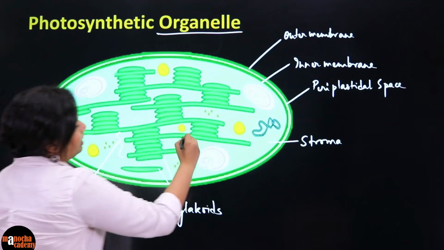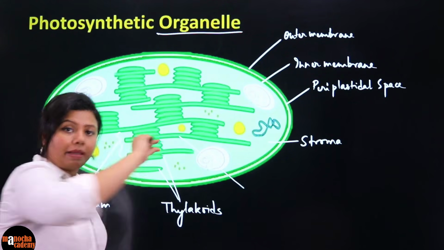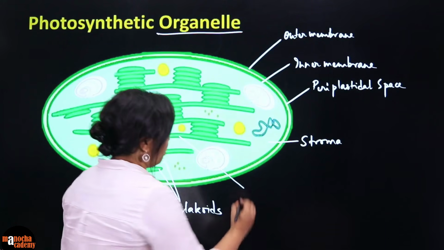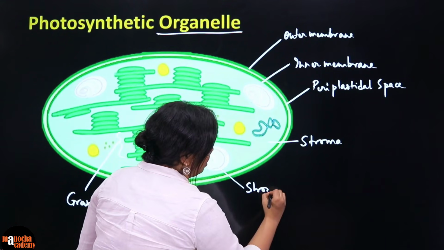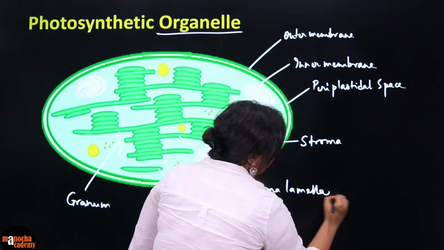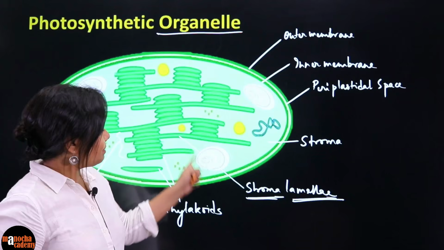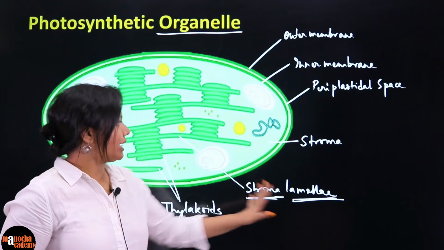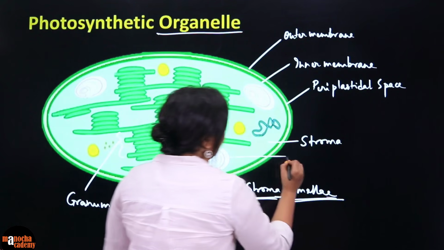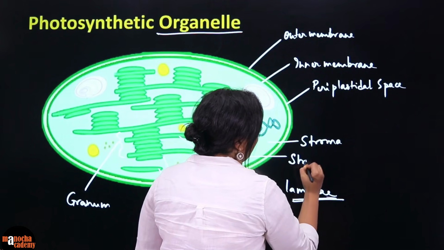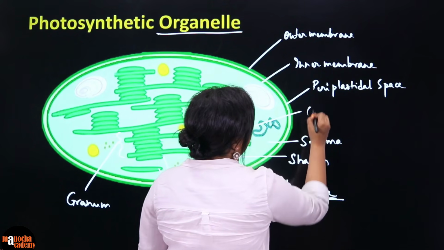The grana remain connected by membranous connections which are known as stroma lamellae. Lamellae means membrane, stroma because these membranes pass through the stroma, which is the fluid, that is why stroma lamellae. And you can also find some stored starch and oil droplets.